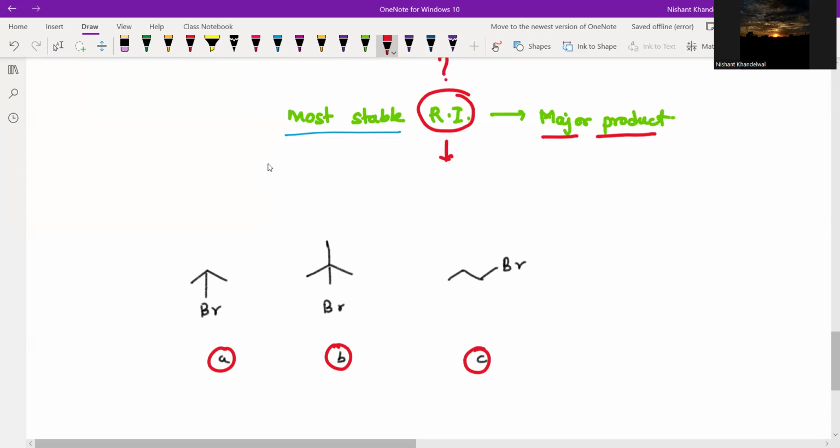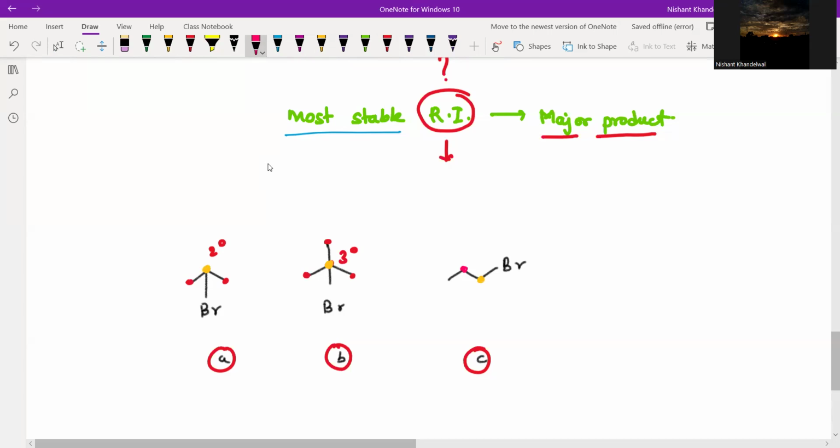Okay, so now this one was a tertiary substrate, right? Three carbons are there: one, two, three. So this one is a tertiary substrate. Now this one is a secondary substrate, two carbons are there. And the other one, C, is a primary substrate, right?